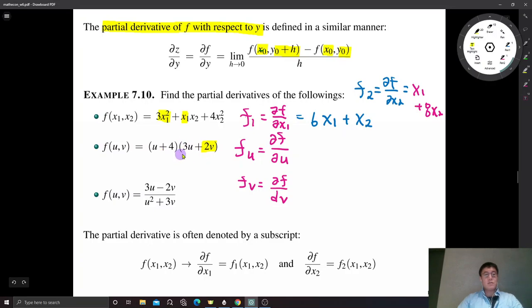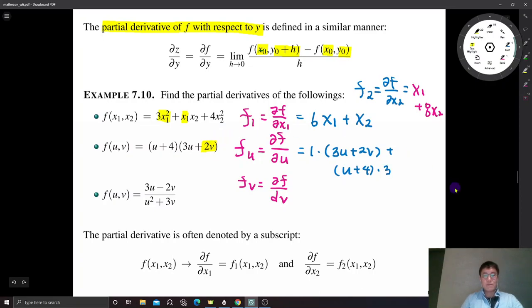So now using the product rule, the derivative is the derivative of the first function, that is 1, and then we multiply it by the second function, and then the first function multiplied by the derivative of the second, that is just a 3, right? Because 2v is a constant, so it goes away.